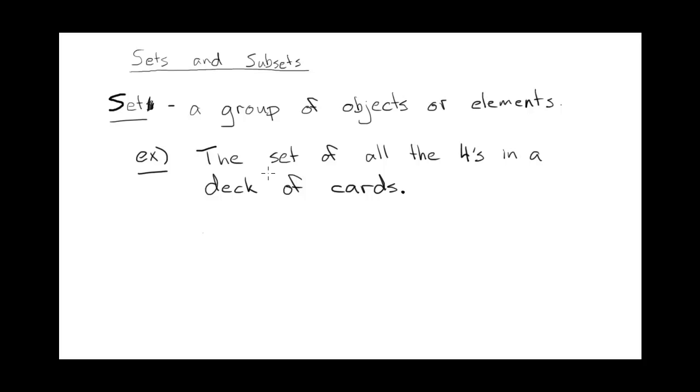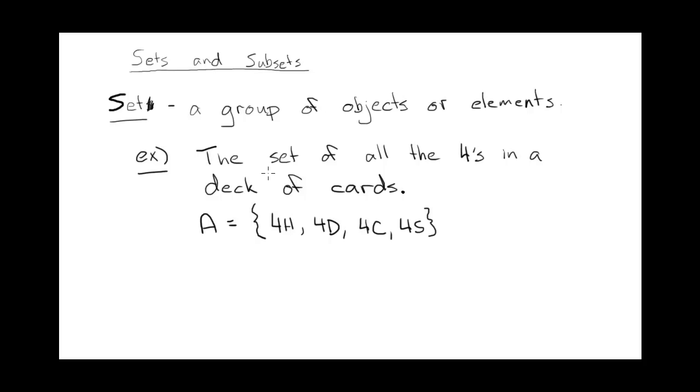So the way you could write that is call this the set A. The notation we'll use is we'll put the elements of the set in squiggly brackets. So there's 4 fours in a deck of cards: the 4 of hearts, the 4 of diamonds, the 4 of clubs, and the 4 of spades. And then to end the set, we'll just end it with a squiggly bracket.